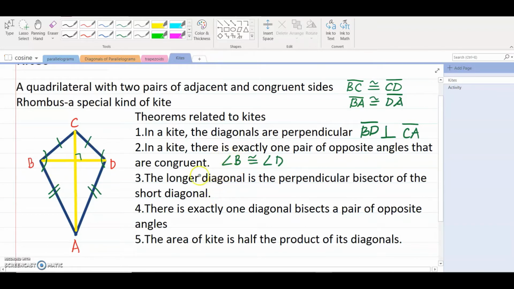Okay. Next, number 3, the longer diagonal, which is this diagonal, is the perpendicular bisector of the short diagonal.